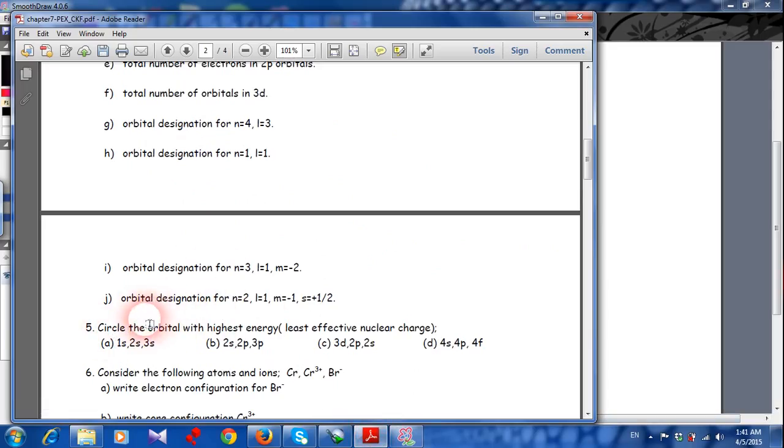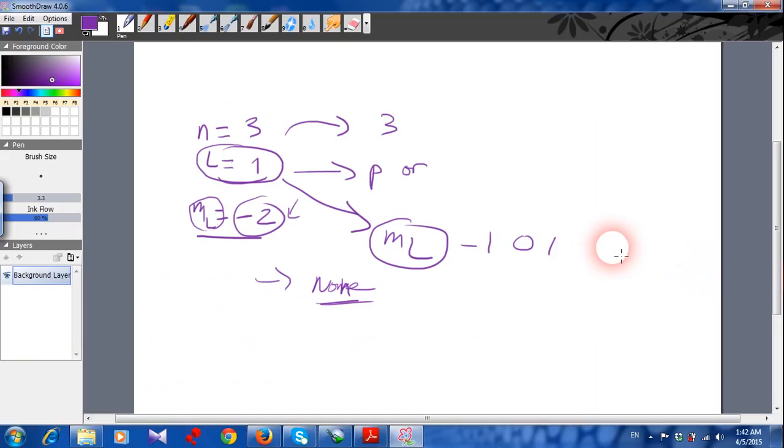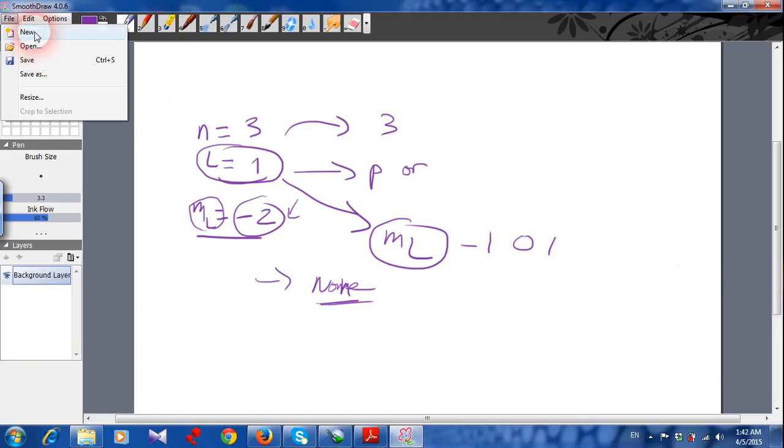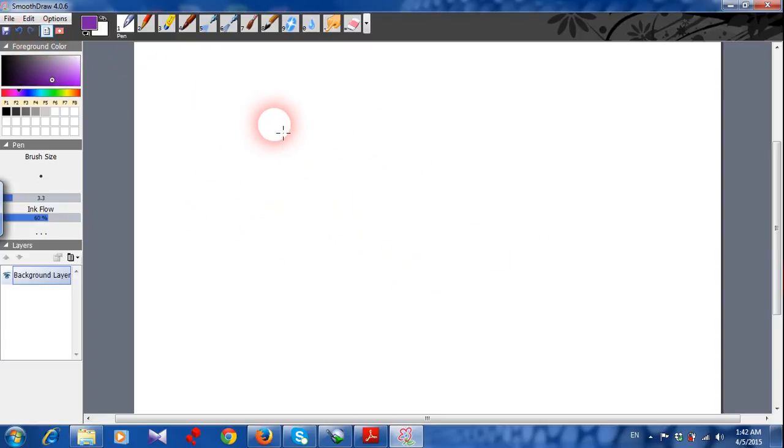Last question. Orbital designation for n is 2, l is 1, ml is negative 1, and ms is positive 1/2.